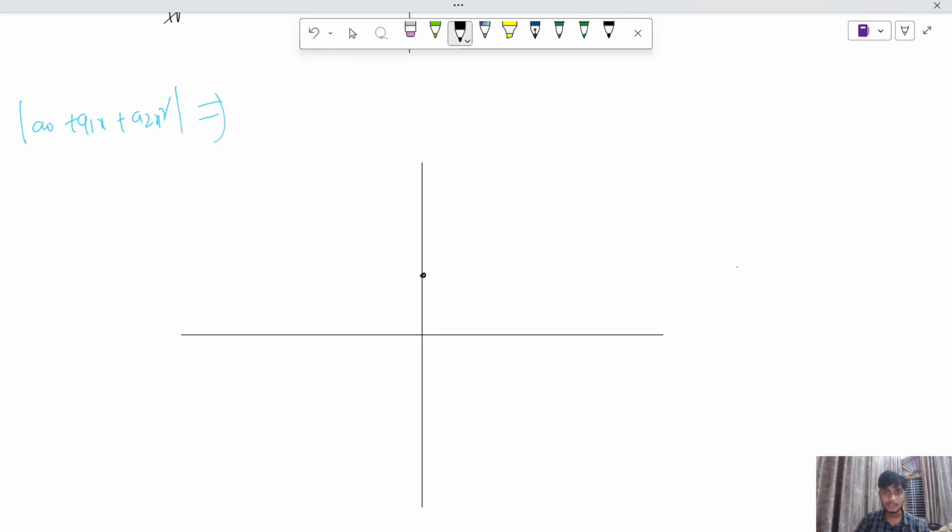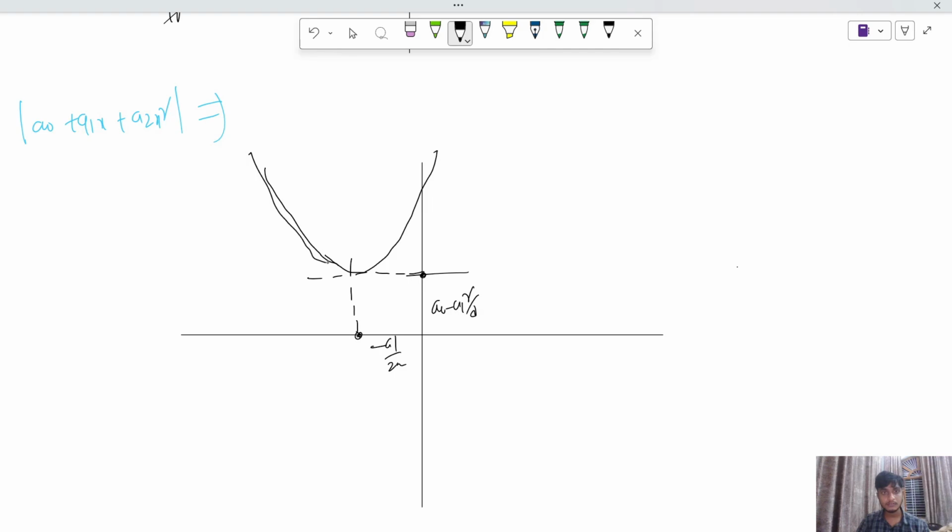Okay, so this one is minus a1 by 2a2. This is a naught minus a1 squared by 4a2. So we have to make both this, and let's try a function.